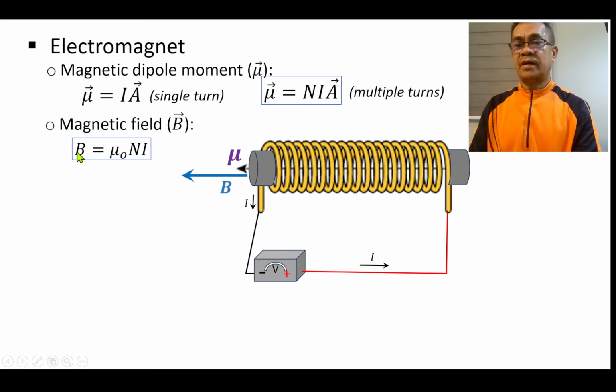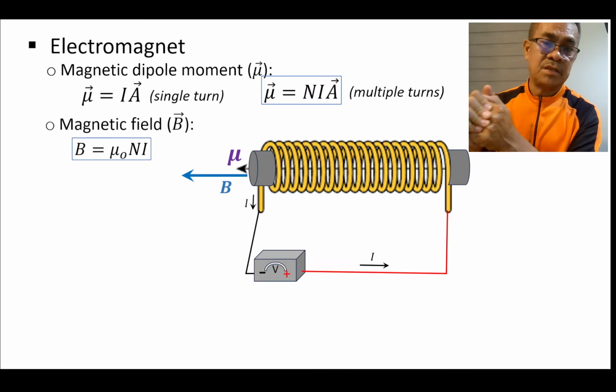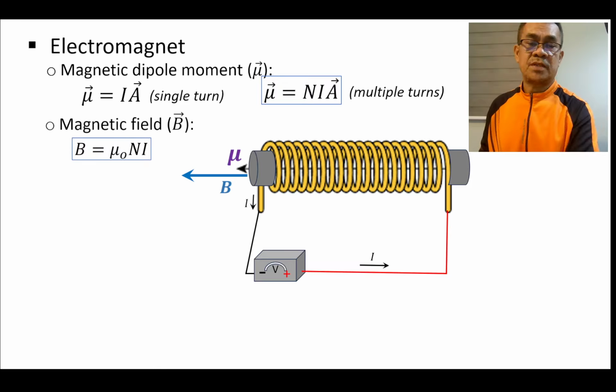So the magnetic field is present because of the dipole moment. By the way, you have seen here the iron core, this is metal. If you want the magnetic field to stay longer for some purposes, then it's good that we have this iron core. It will serve as a temporary storage of the magnetic effect.